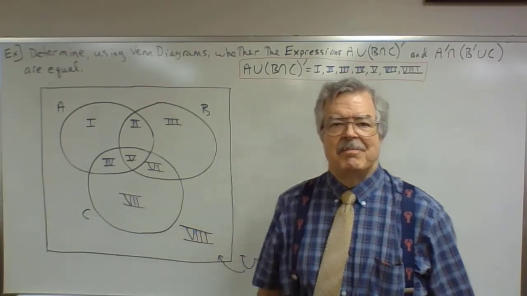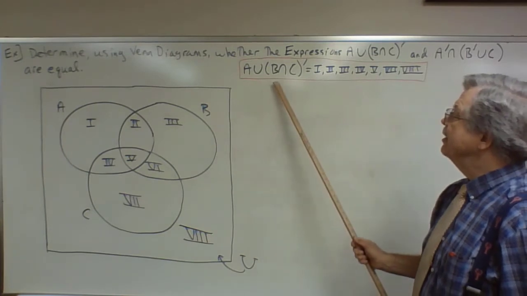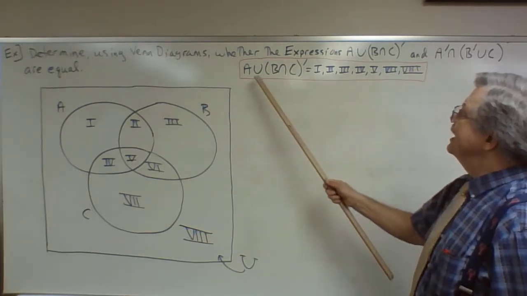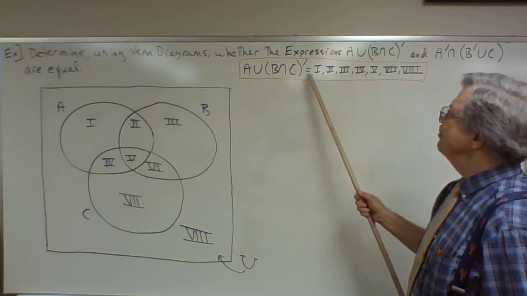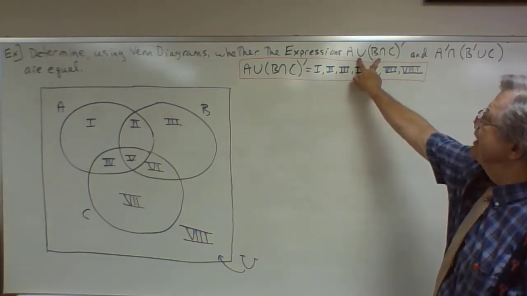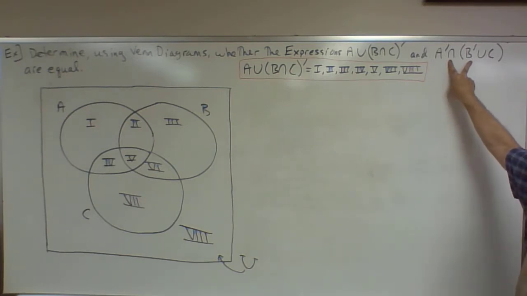Okay, we're back. Just for future reference, we've written up top what A union B intersect C complement equals. So we've computed what that is. We're going to turn our attention to this set now and see what regions comprise this set.